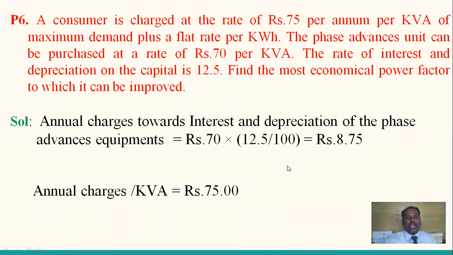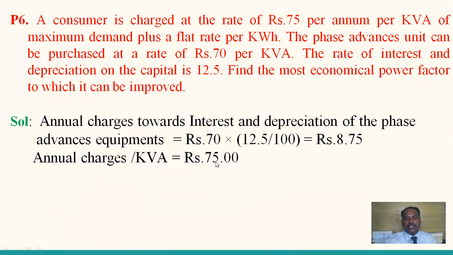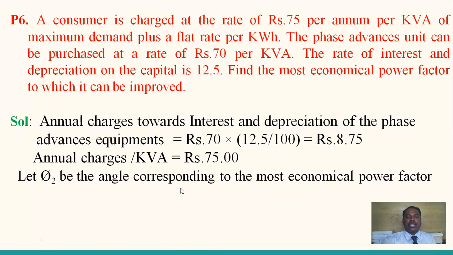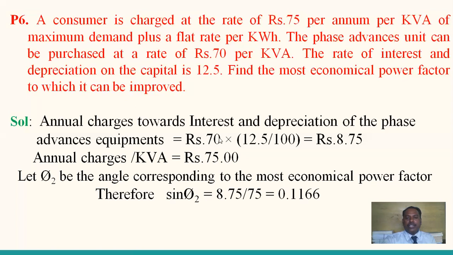Annual charges per kVA is 75 rupees. Let phi 2 be the angle corresponding to the most economical power factor. Therefore sin phi 2 is equal to the annual charges towards interest and depreciation divided by the annual charges per kVA, that is 8.75 divided by 75, which is equal to 0.1166.